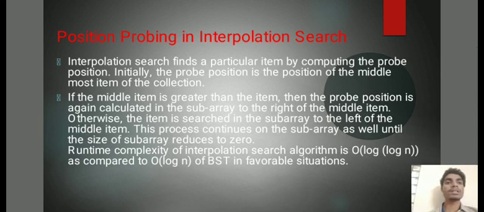Otherwise, the item is searched in the subarray to the left of the middle item. This process continues on the subarray as well until the size of the subarray reduces to 0. Runtime complexity of interpolation search algorithm is big O(log log n) as compared to big O(log n) of binary search in favorable situations.